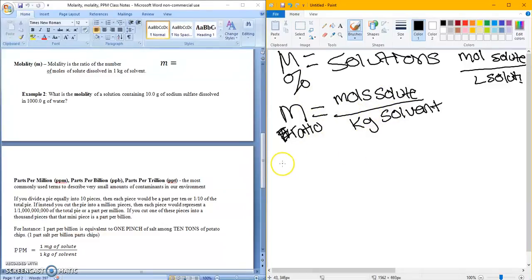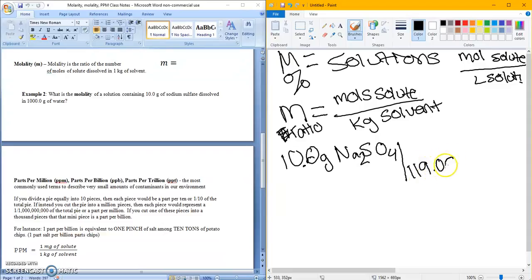So as I'm looking at this, example number 2, I have 10 grams of sodium sulfate. Sulfate is 2 minus, so I know I need 2 sodiums. I'm going to put my molar mass on bottom, which is 119.05 grams to moles.